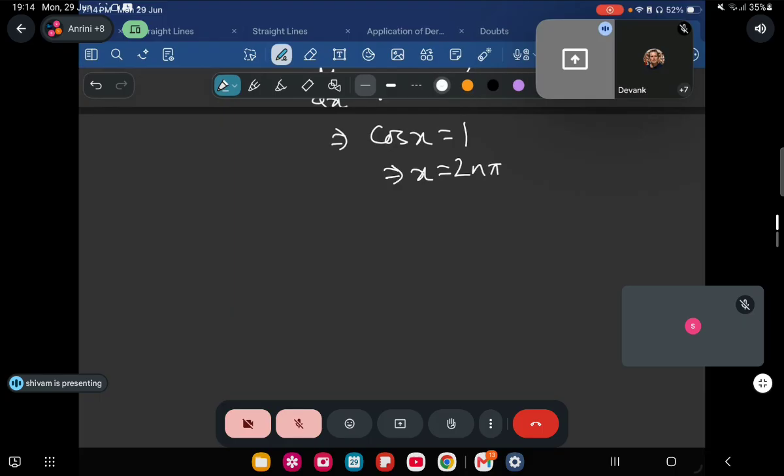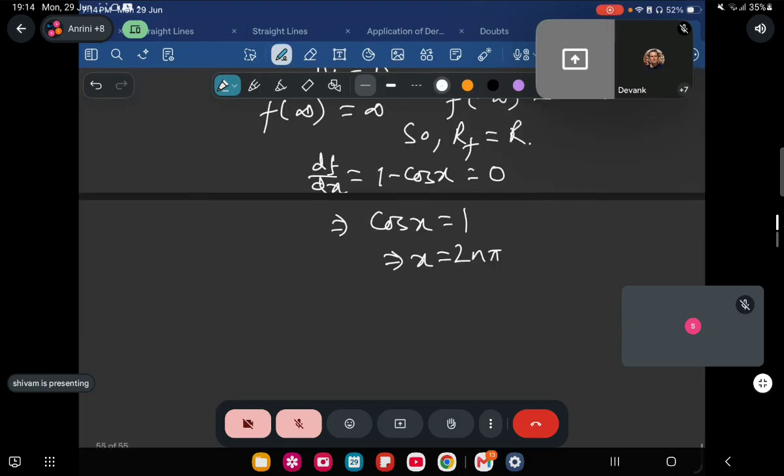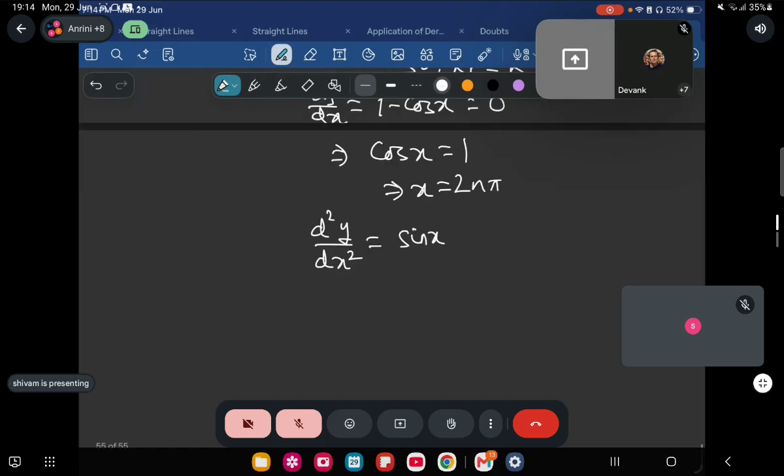Also, if you find out the double derivative, d2y by dx square, it will be sin x, right? Tell me, everyone. Double derivative is equal to sin x.